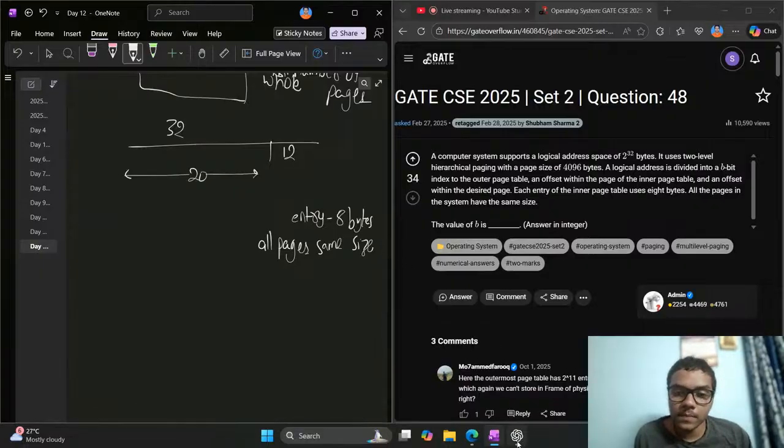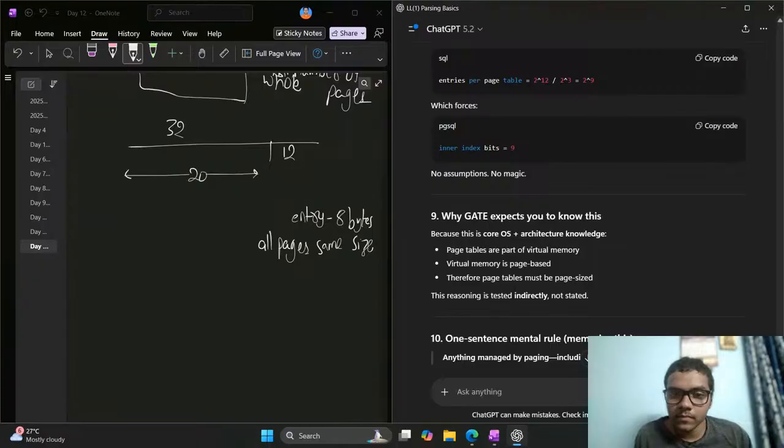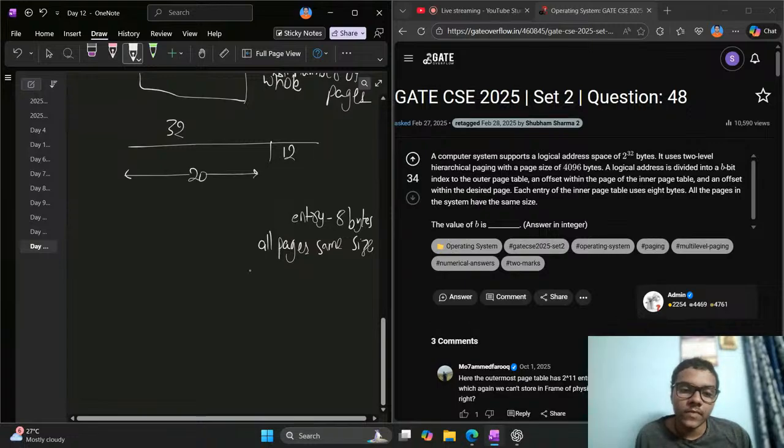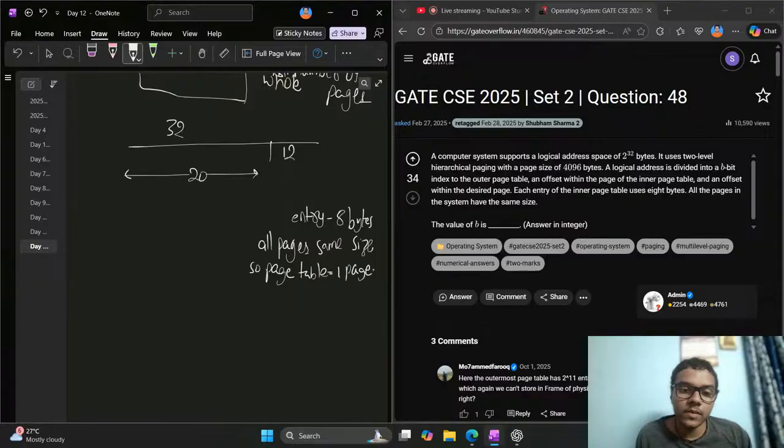Okay, and so the page table equals one page, but we know one page is 2 power 12 and the entry size is 2 power 3.